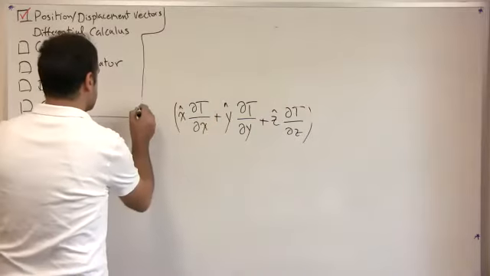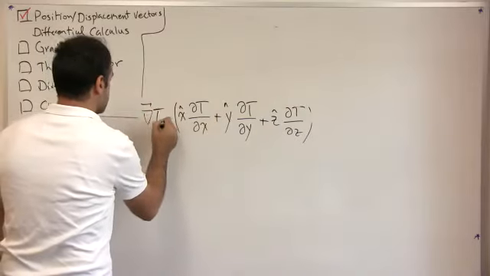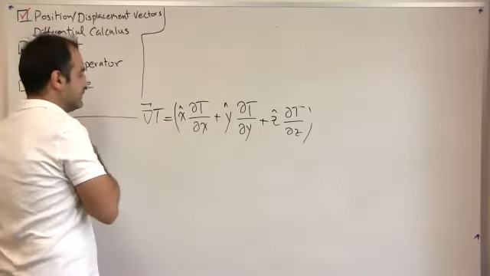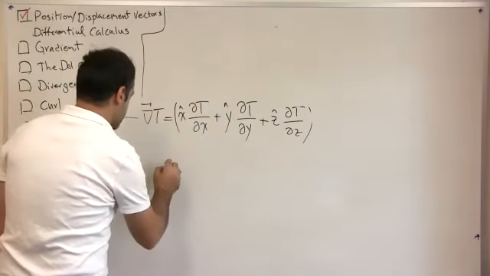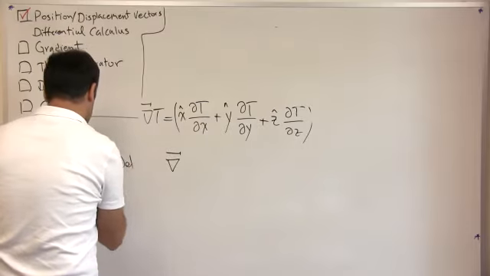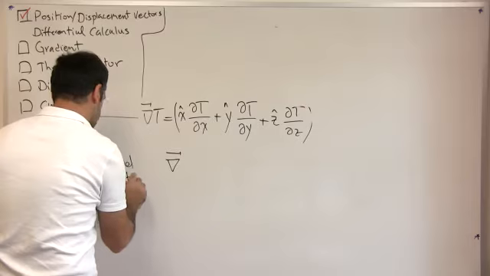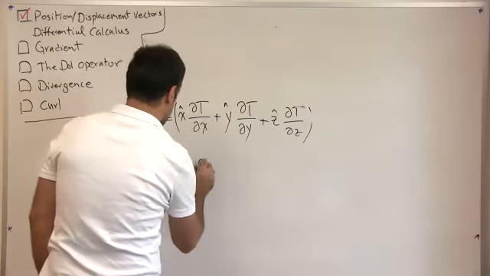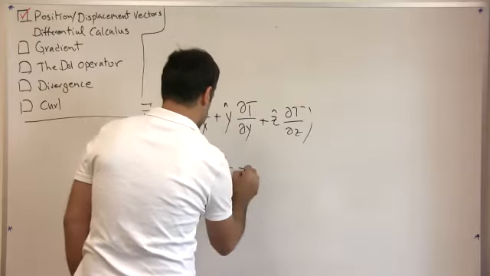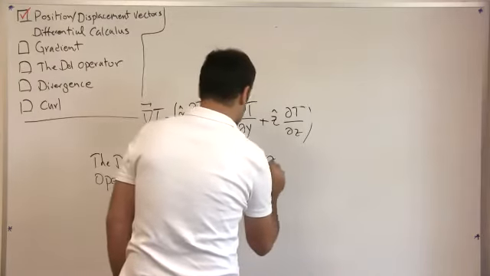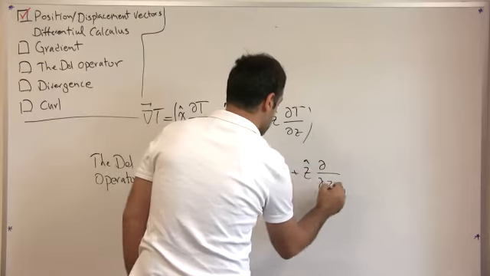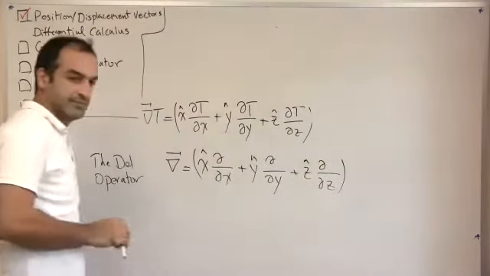Okay, so this is basically the gradient of T here. We got this, and from that people define the del operator as x hat times partial T over partial x plus y hat times partial T over partial y plus z hat times partial T over partial z.